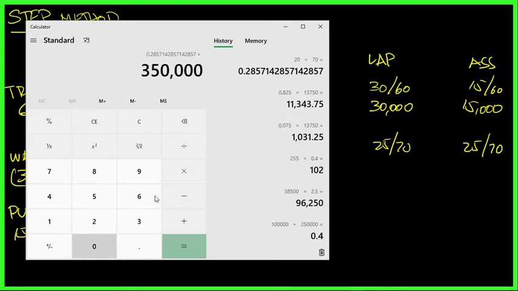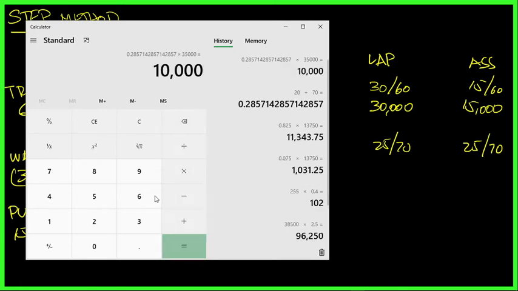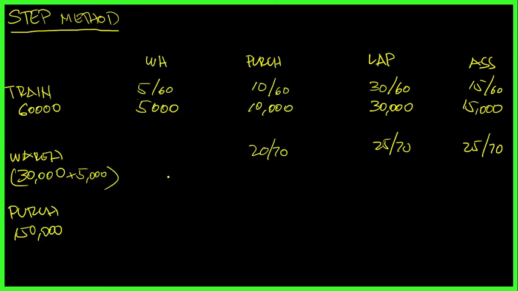Oops, sumobra siya. Na-excite ako. Sorry. So, that's 10,000. So, you now have 10,000 here. So, if you have 35,000 minus 10,000, you now have 25,000, di ba? Which will be distributed between the two.